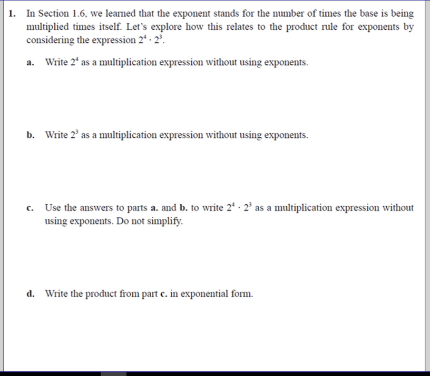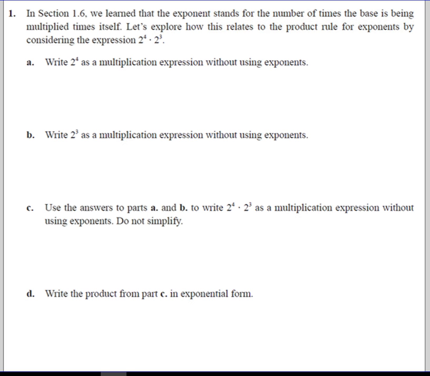So we're going to look at the reasoning behind this. In section 1.6, which we did not have to do for this class, it explained that exponents are repeat multiplication. The exponent tells the number of times that the base is being multiplied times itself.